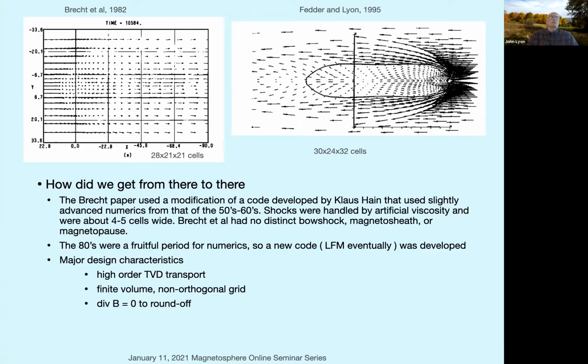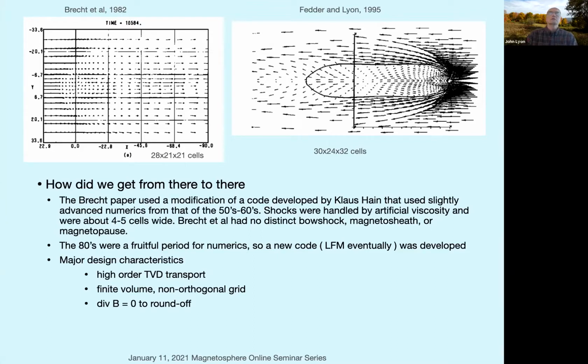One is that we would use a high order total variation diminishing transport algorithm. You'll hear TVD quite a bit, and I'll get to what that is. We wanted to use a finite volume non-orthogonal grid so that we could pack cells where we needed them. And we also wanted to make sure that we had the divergence of B equal to 0 to round off.